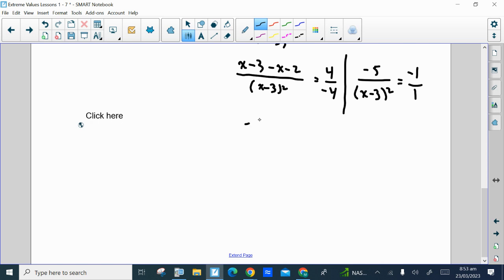So negative x minus 3 all squared will equal negative 5. You can divide both sides by negative 1. And then when we solve for x, we take the square root of both sides, which will give us plus and minus root 5 on the right, and then add 3.